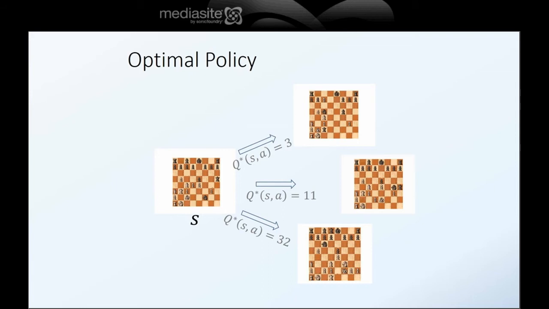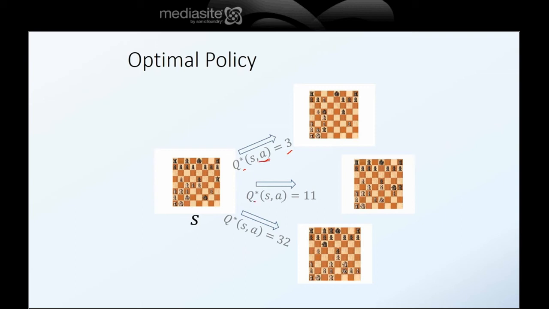Okay, so here is another example. Now we are looking at Q values. Here we have given state S, and there are different possible actions. This action here has a Q value of 3. The optimal policy is being played, by the way, and so it's all Q star. So Q star for this action is 3.